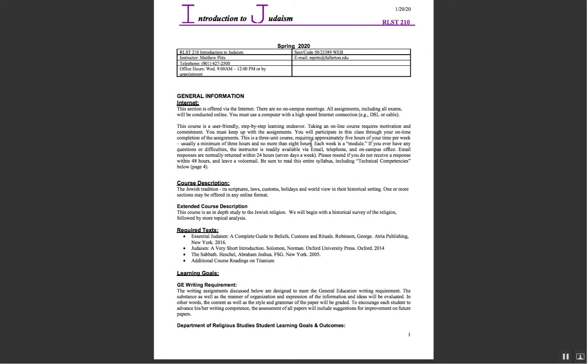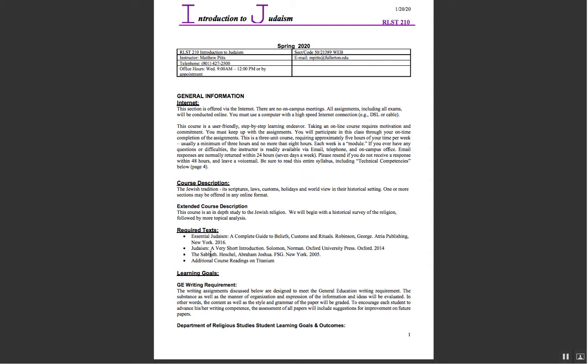So let's scroll through the syllabus here. First of all, the required texts that you have are, number one, Essential Judaism: A Complete Guide to Beliefs, Customs, and Rituals by Robinson.